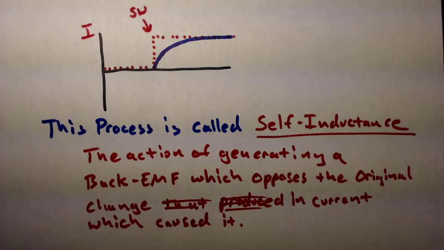Okay, so I know it's a little wordy, but think about this for a second. The word inductance is to induce something, right? Inductors, inductance, inducing a voltage. It's inducing a voltage in itself. It's self-inducing a voltage. It's self-inductance. That's kind of where this thought process is coming from.